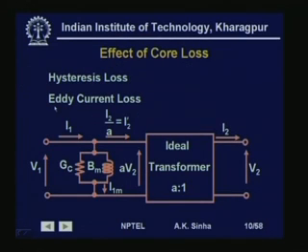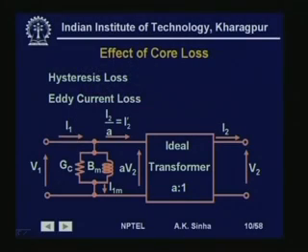Similarly, if we want to take care of the core losses, which consist of hysteresis and eddy current losses, we can model it by simply using a resistance or a conductance in parallel with this inductance. Since these two are forming parallel branches, it is much easier to work with susceptance and conductance.